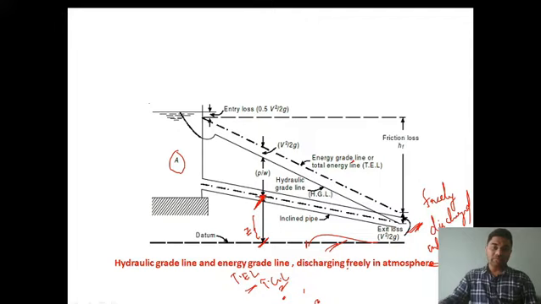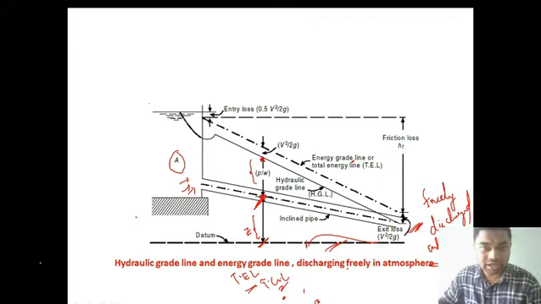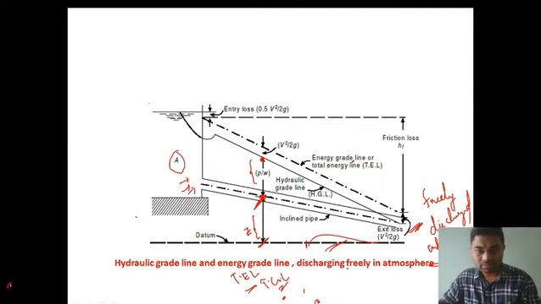From the center of the pipe to the piezometer reading, we have our pressure head. Here, due to entry losses and formation of vena contracta, there is an abrupt change in the velocity and in the hydraulic gradient line. Here the hydraulic grade line is not smooth, as you can see.